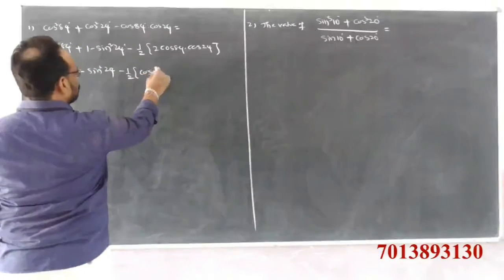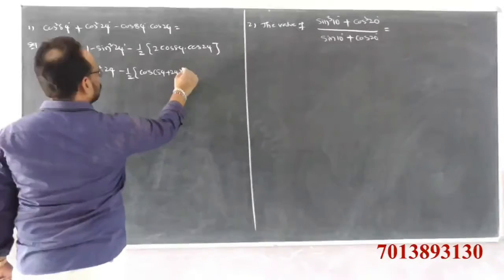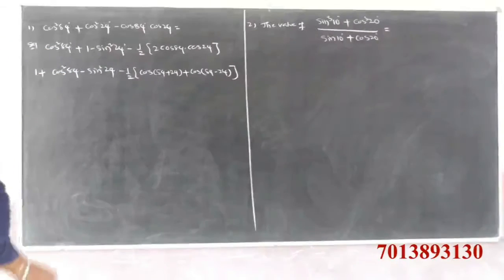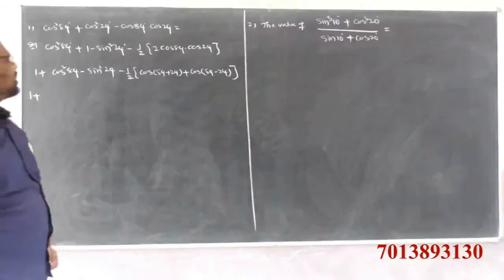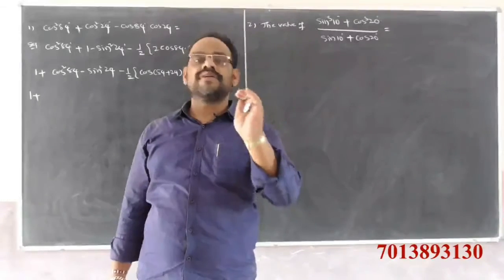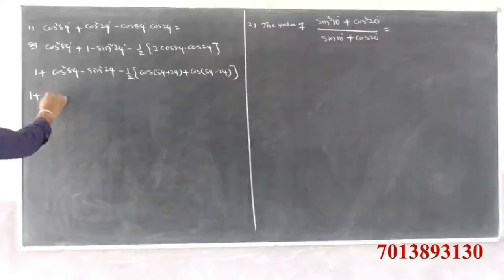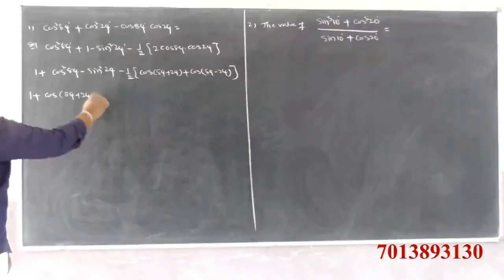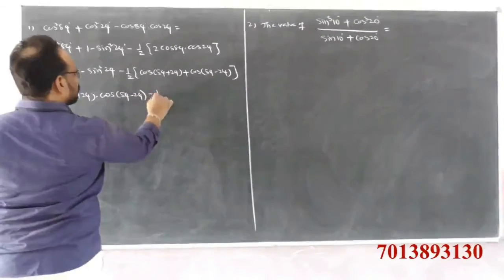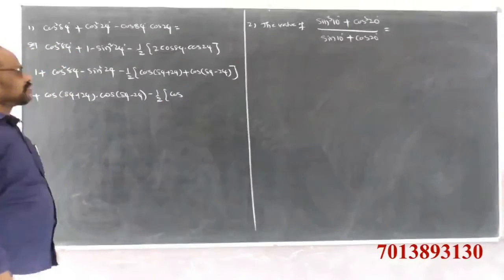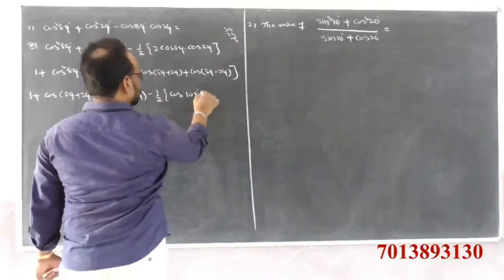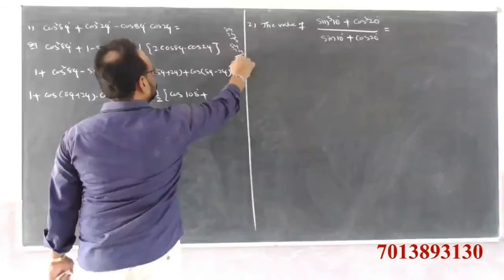So that is equal to 1 plus, with the formula cos square A minus sin square B being cos(A plus B) into cos(A minus B), cos(84 plus 24) into cos(84 minus 24), minus 1 by 2 into cos 108 plus cos 60. Here 84 plus 24 is 108, and 84 minus 24 is 60.